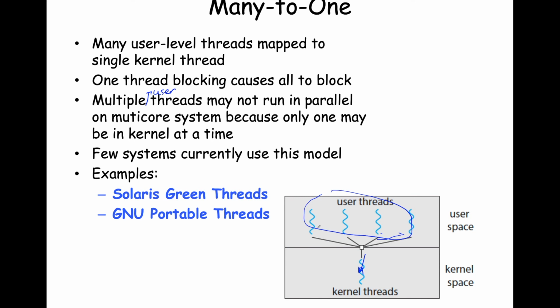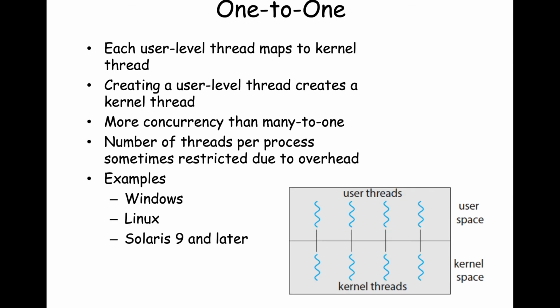It was an early model of threading, and one example is Solaris green threads and also GNU threads use this many-to-one approach. Why? Because it was easy, right? You didn't have to add or make any special changes to the operating system kernel in order to implement these many-to-one thread models. There's just a library call.